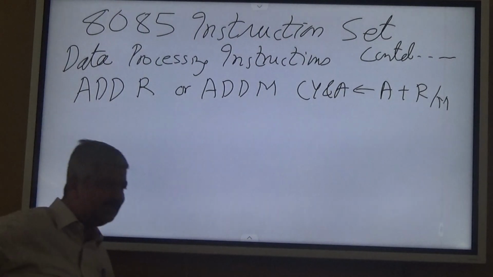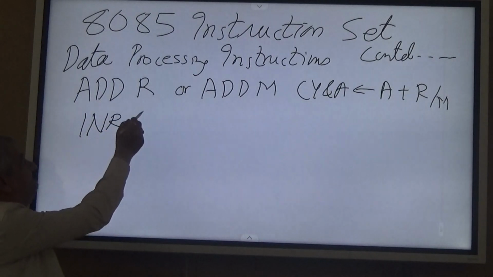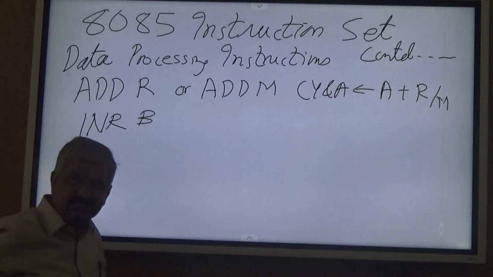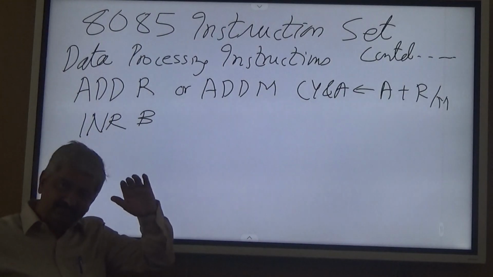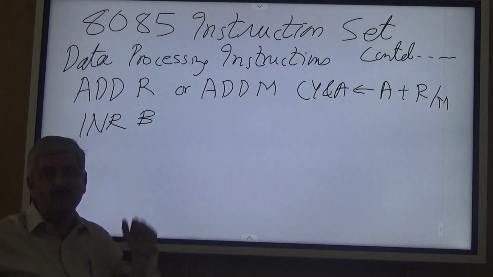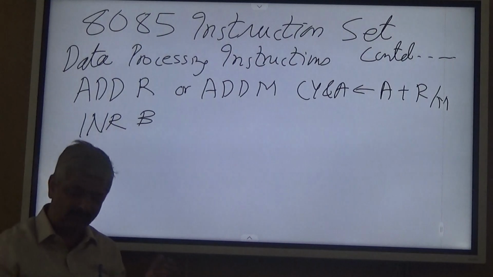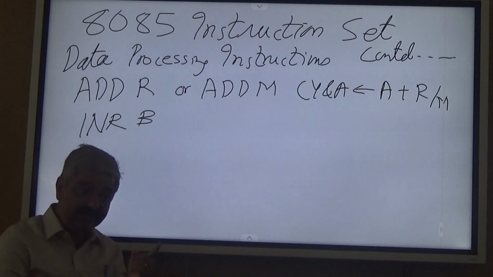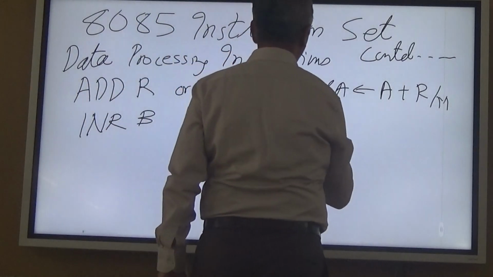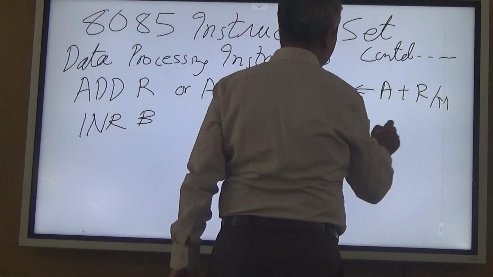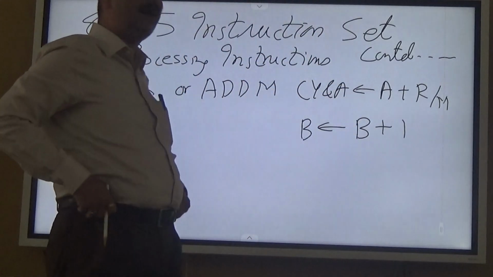Let us say a simple instruction, INR B. What does this instruction do? How many byte instruction is it? 1 byte, only opcode. What would be its operation? B is getting assigned to B plus 1.